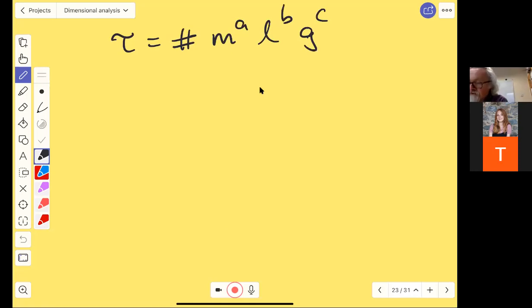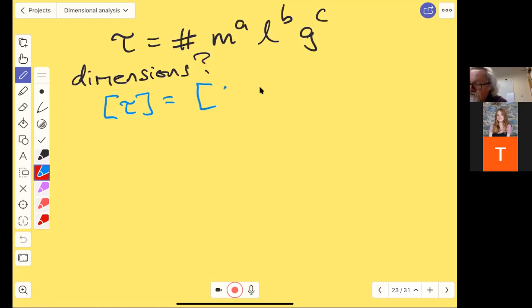So let's just see how the dimensions agree. And by thinking about the dimensions, we're going to turn this into a set of simultaneous equations and solve for A, B, and C. So we'll take the dimensions of tau, and it's going to have to be equal to the dimensions of whatever our expression is.